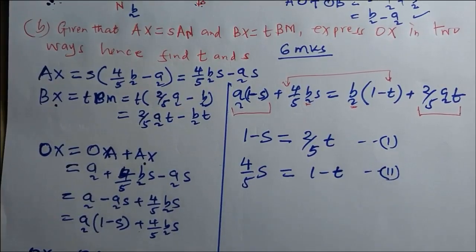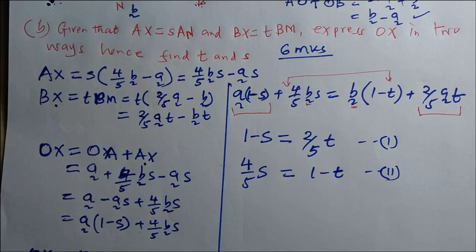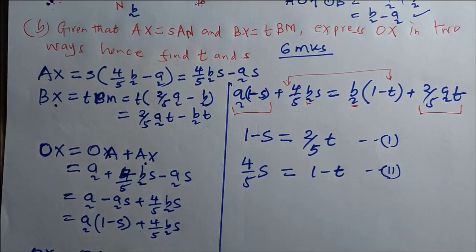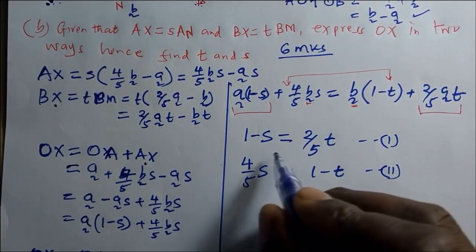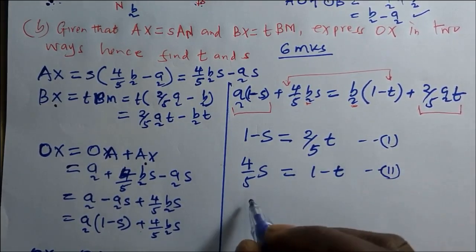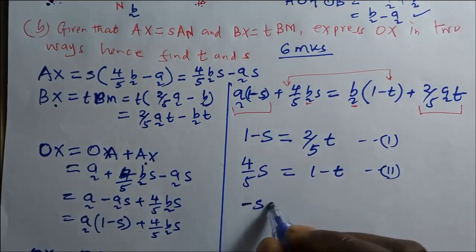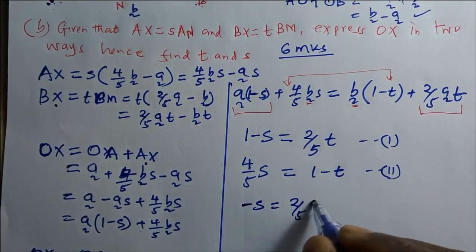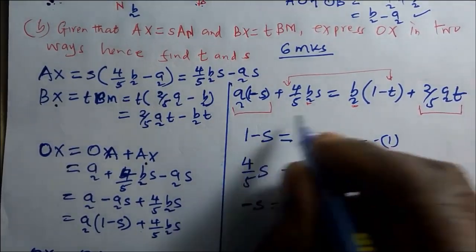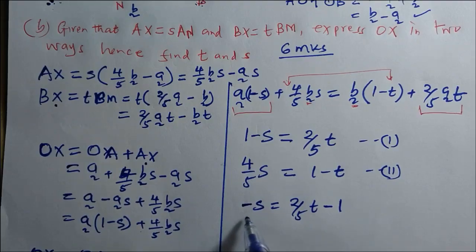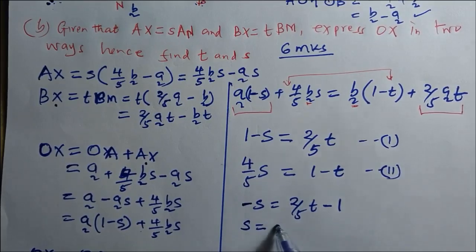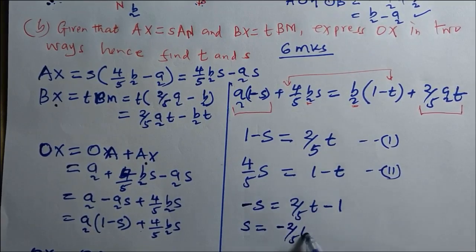Now we solve equation 1 and equation 2 to get the value of T and the value of S. You can use substitution. Let me do substitution. I will make S the subject. For equation 1, I will say minus S is equal to 2 over 5T minus 1. I want to divide by negative 1 on each side, so S is equal to minus 2 over 5T plus 1.